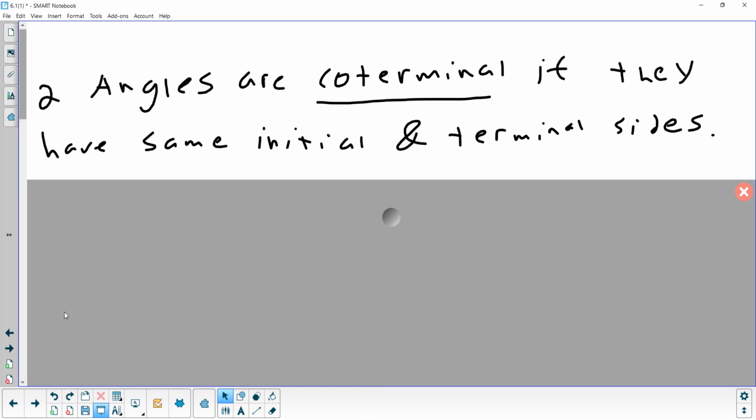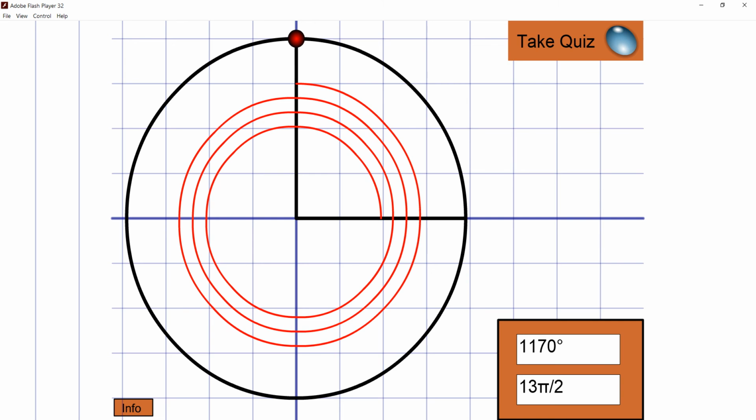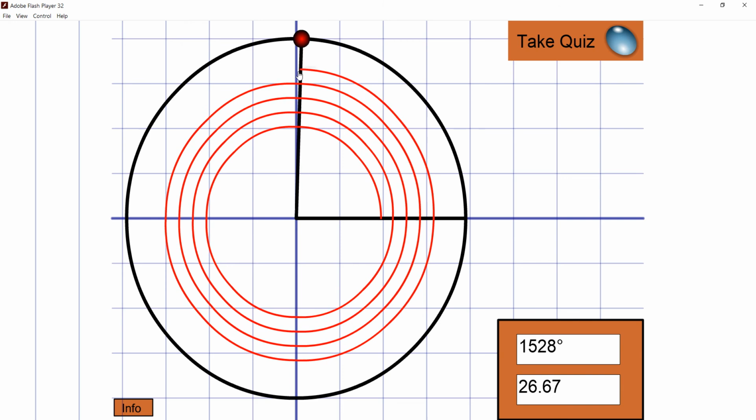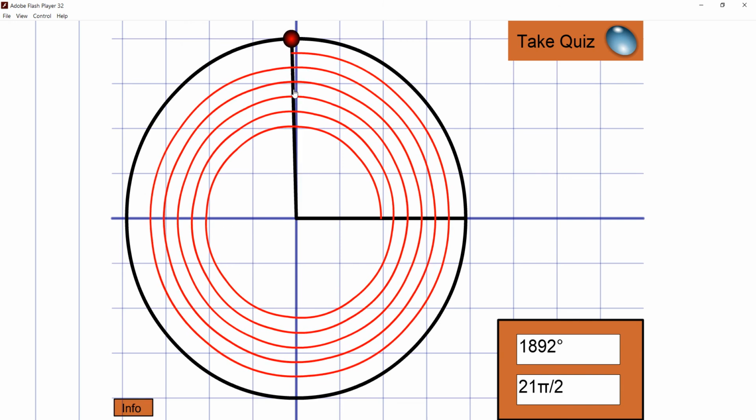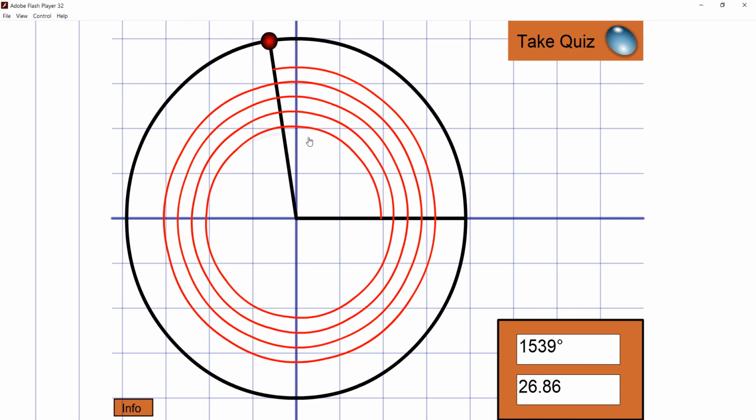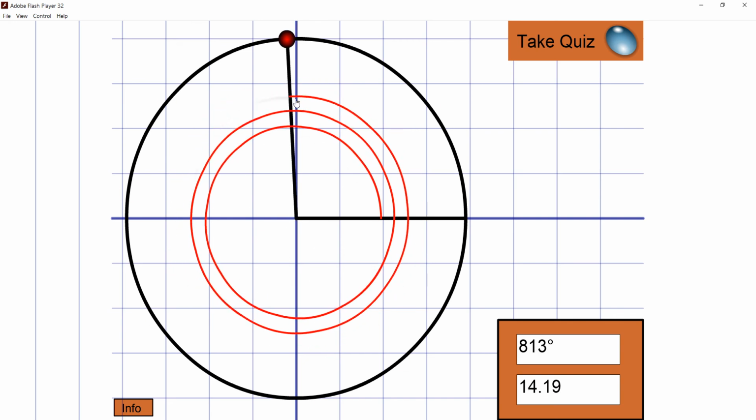How do you think I could get another angle that's coterminal with 1,170 degrees? I mean, we have 90, that's one. What else? What could I keep doing here? Yeah? Add or subtract 360. Right, that's the whole key. I could add or subtract 360 to keep finding other angles that are coterminal with the one I started with.